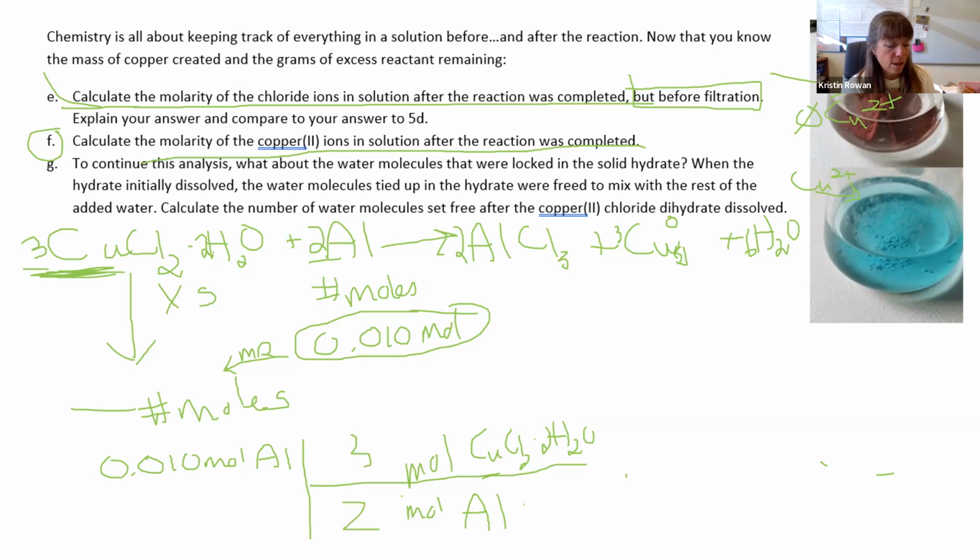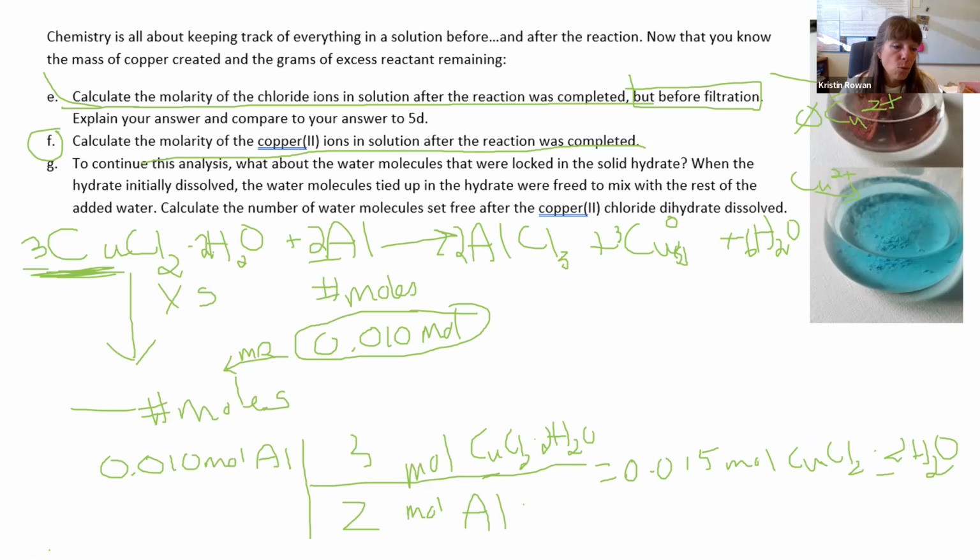So 0.01 times 3 divided by 2 equals 0.015 moles of CuCl2·2H2O are required to react completely with my 0.010 moles of aluminum.